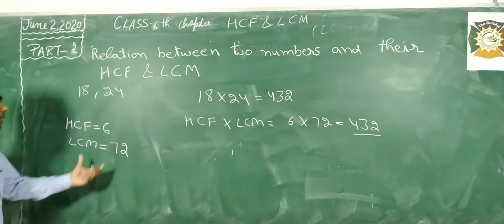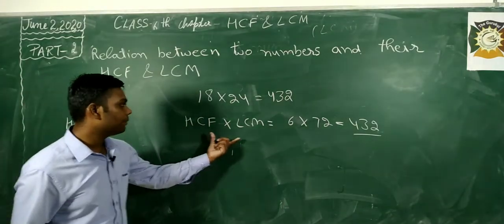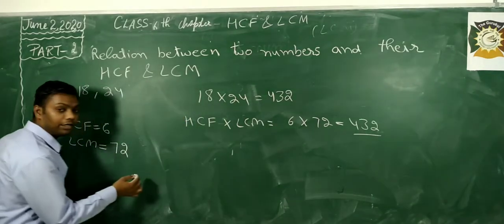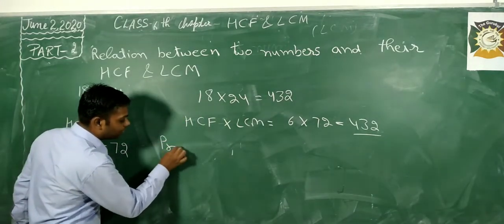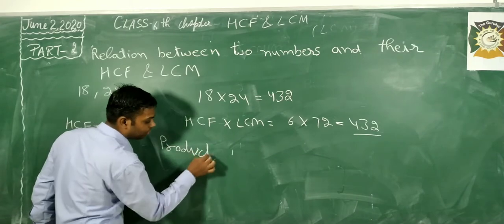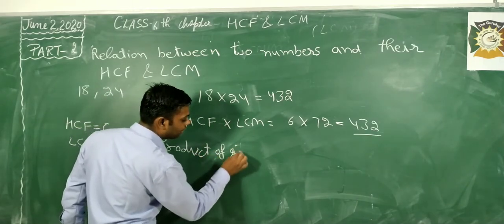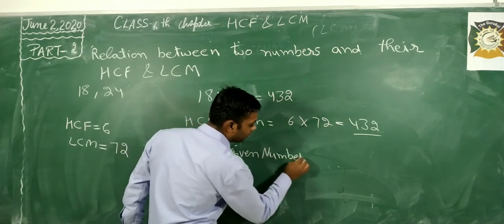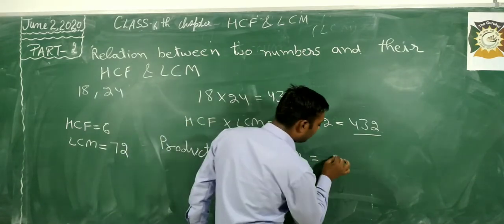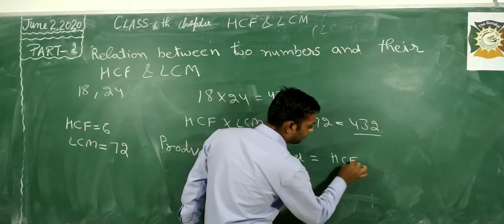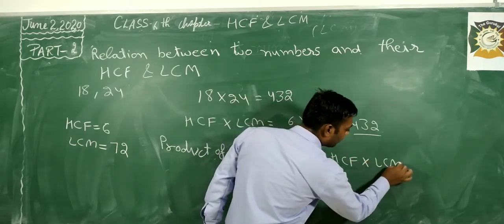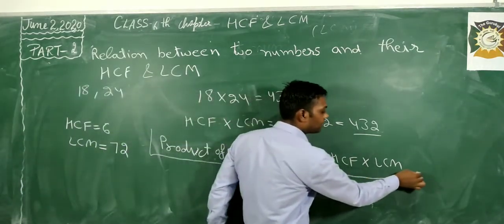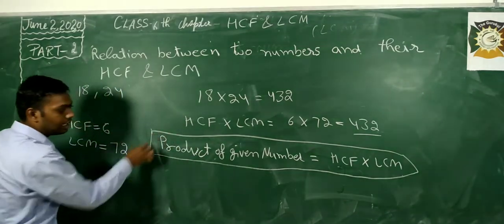We see that the product of these two numbers and the product of their LCM and HCF are equal. So we can write directly: the product of the given numbers is equal to the multiplication of their HCF and LCM.